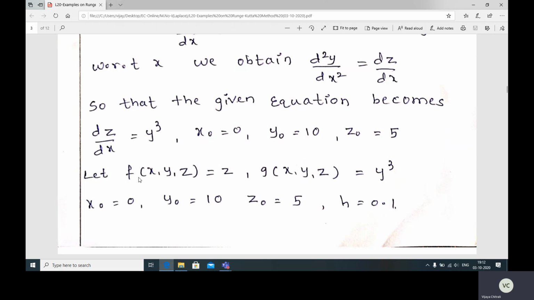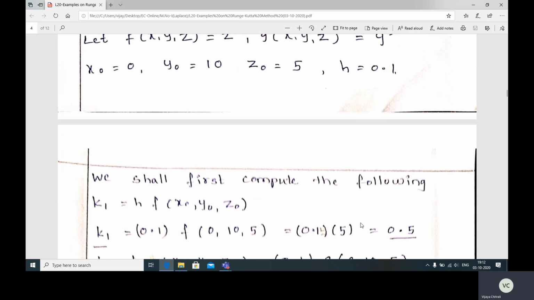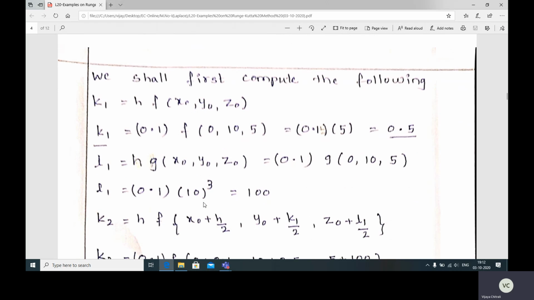We have two first order first degree simultaneous equations with initial conditions x naught equal to 0, y naught equal to 10, z naught equal to 5. And how to find h? H is equal to x1 minus x naught, 0.1 minus 0, so this is 0.1.